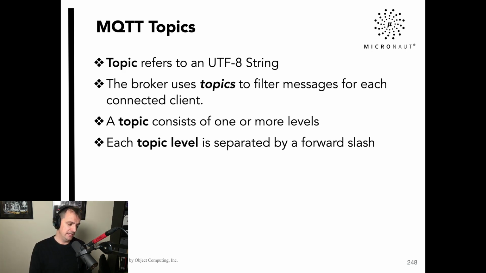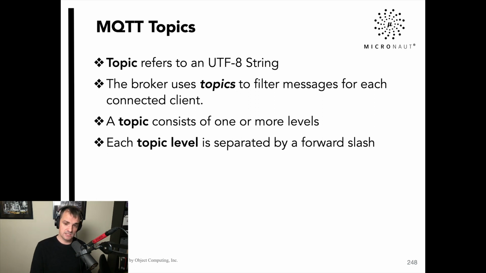One important thing in MQTT that we will see in our demo is topics. Topics are UTF-8 strings. The brokers use the topics to filter messages for each connected client. So you will publish an MQTT message to a particular topic, and you will subscribe to a particular topic in a Micronaut application.